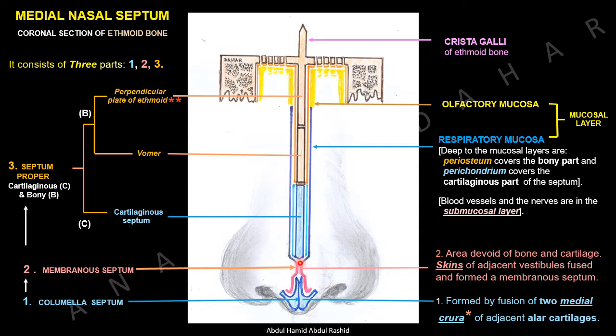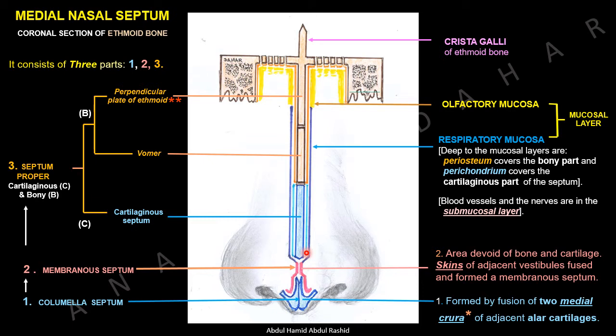The whole thing is the septum proper, very long. In the septum proper, the first one is the cartilaginous septum, and the second part is the bony septum. Coming up from below, the first bone is the vomer bone. The second bone is the perpendicular plate of the ethmoid bone. All together they form the septum proper.